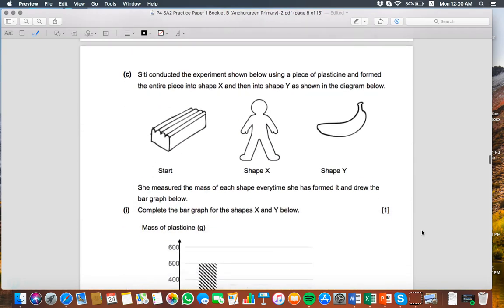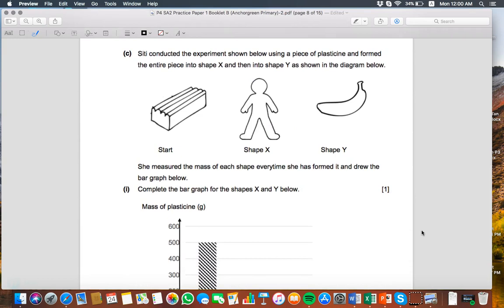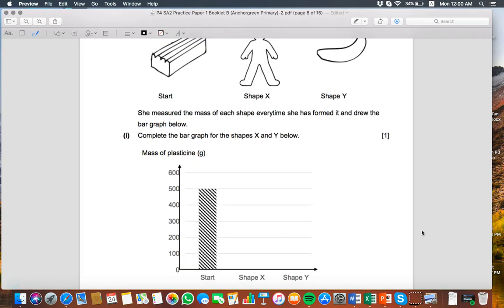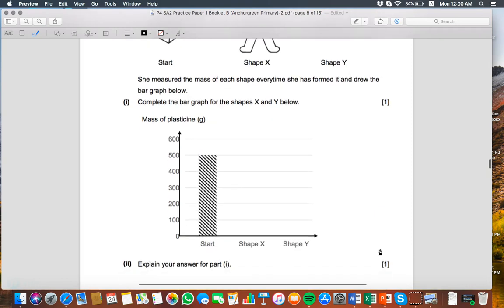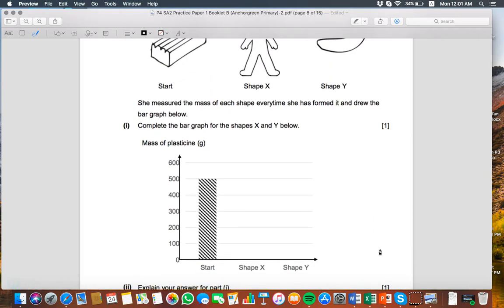Let's move on. Siti conducted the experiment shown below using a piece of plasticine and formed the entire piece into shape X and then into shape Y. She used one piece of plasticine, but she made two different shapes. She measured the mass of each shape every time she formed it and drew the bar graph below. Complete the bar graph for the shapes X and Y. She did not remove any plasticine or put on any plasticine.